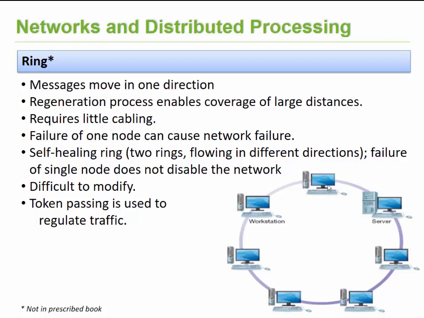If it has a message intended for that particular computer, it will take the message, clean out the token and forward the empty token to its neighbor. Or if it received the empty token and it wants to send a message, then it's going to place the message inside the token and then forward it to its neighbor. So messages typically flow in one direction.